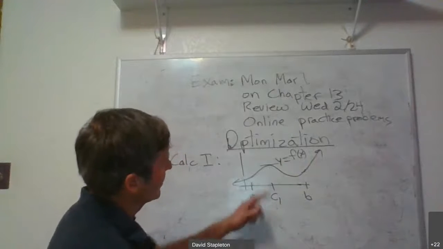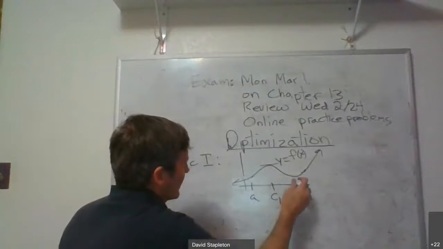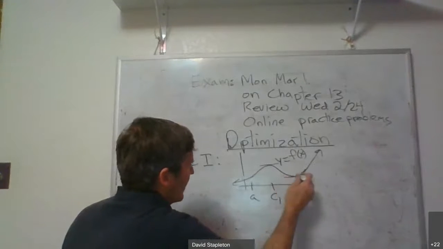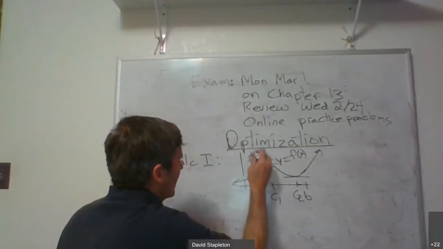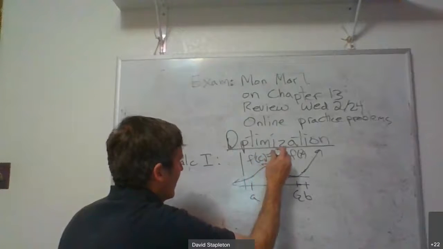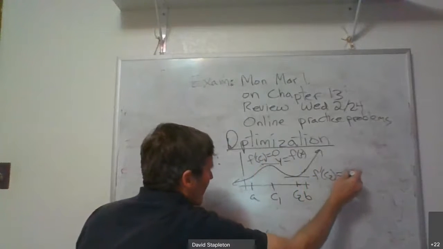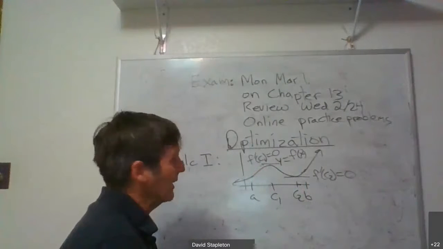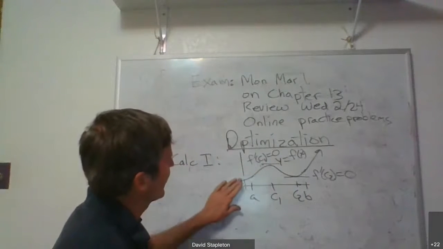Any point, say c1, at which the derivative is 0, or here's c2 where the derivative is 0, at the bottom of a valley, was called a critical point. Right? Those were very important because they were all the candidates for relative extrema, where the derivative is 0, or you can have a point like this.